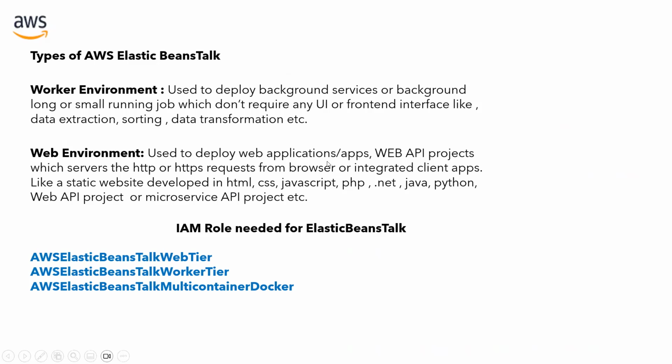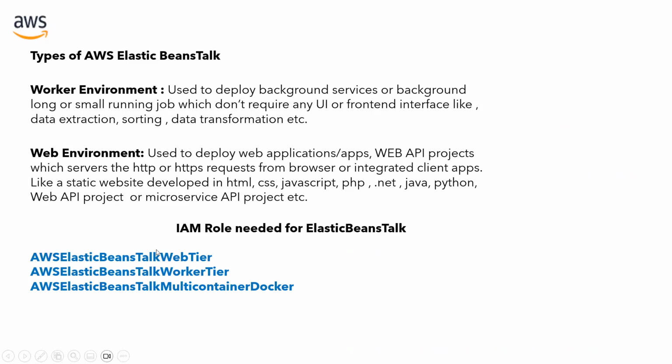So any kind of REST API project, web API project, or any website which has a complete UI on the front end that can be launched in the browser, and any application that can be accessed through the HTTP or HTTPS protocol, we can host through the web environment.